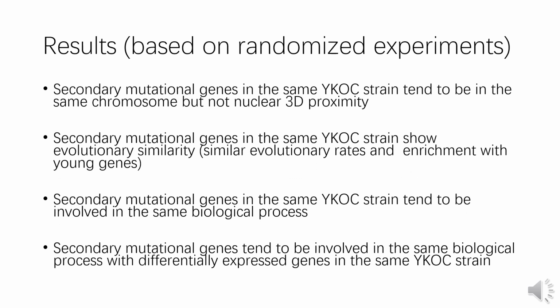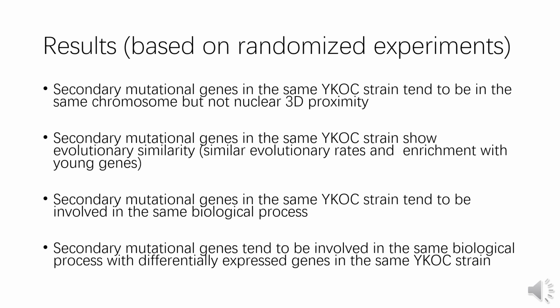Analyzing the data above, we found that secondary mutational genes in the same YKOC strain tend to be on the same chromosome and involved in the same biological process, showing evolutionary similarity.